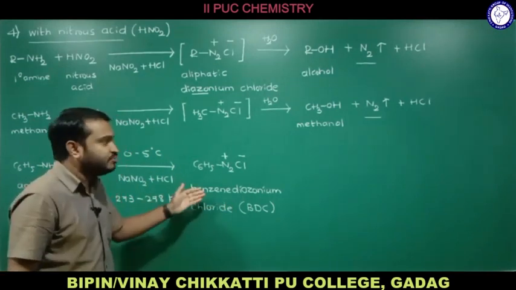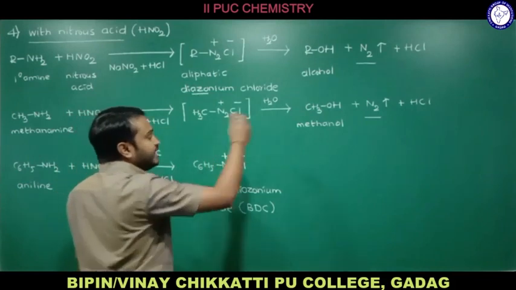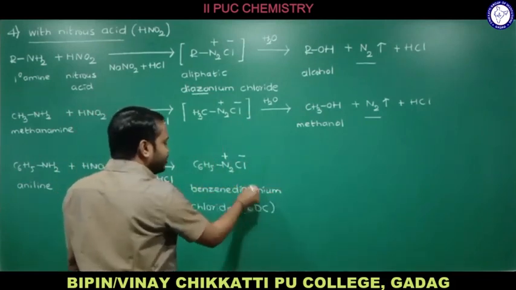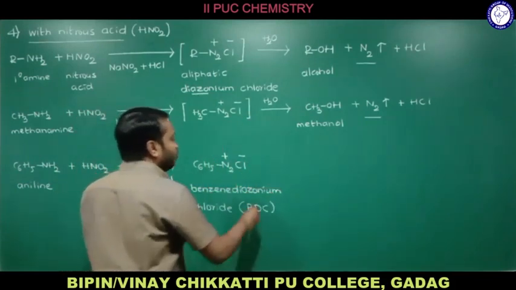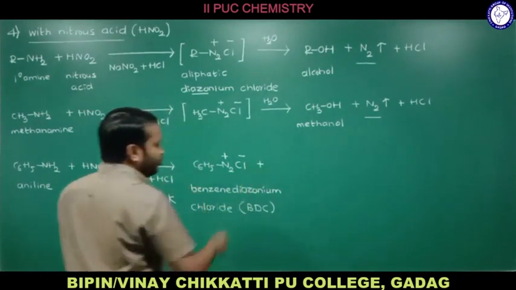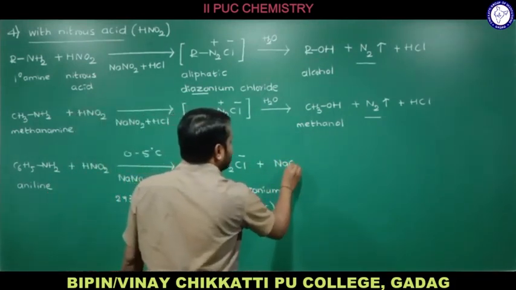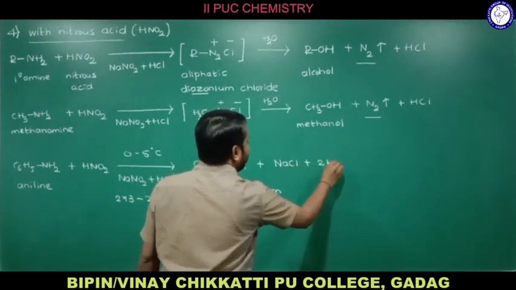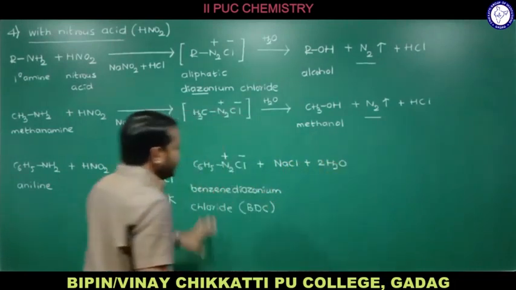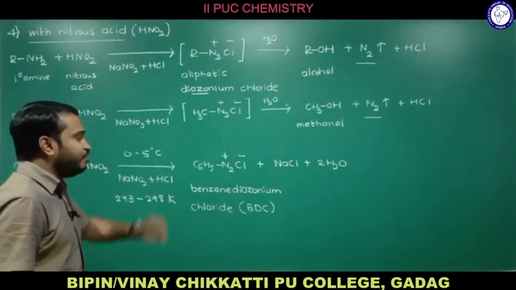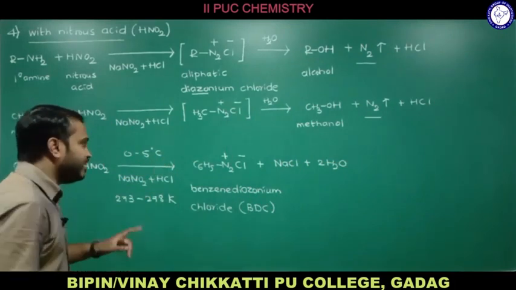Further, you can consider some different reactions of this benzene diazonium chloride also. The byproducts we get here are NaCl and 2H2O.